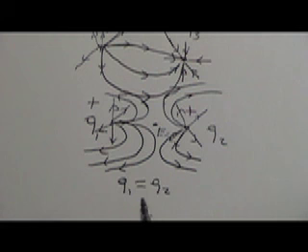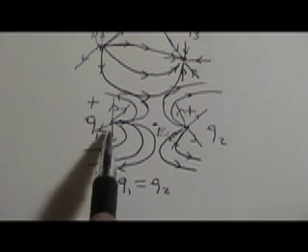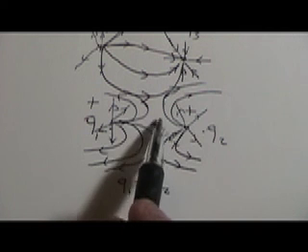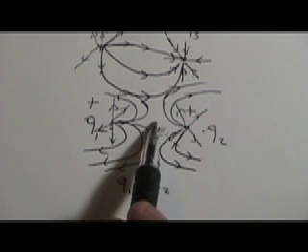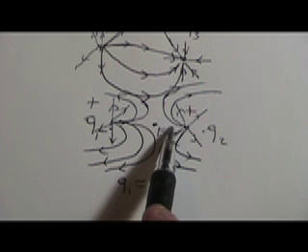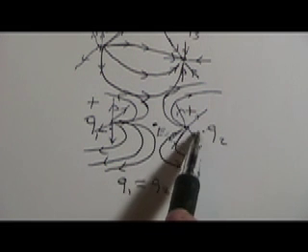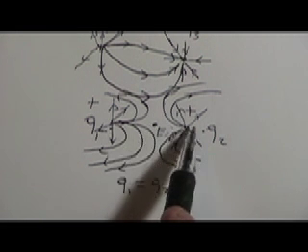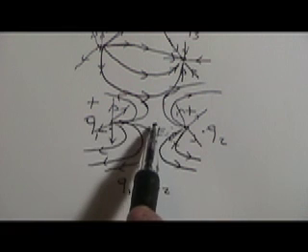But if Q1 was bigger than Q2, it will push out more field than Q2 could, so you can have some electric field here. It might be 0 at a location closer to Q2, because Q2 is weak compared to Q1, so not in the middle. But if they have the same magnitude, the electric field will be 0 in the middle.